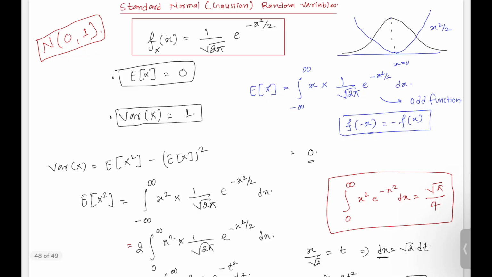So this is what the standard normal random variable or standard Gaussian random variable is. If anyone is saying standard normal random variable, that means you need to consider this PDF, and it will have 0 mean and the variance would be 1. Now let's look at the general Gaussian random variable or general normal random variable.